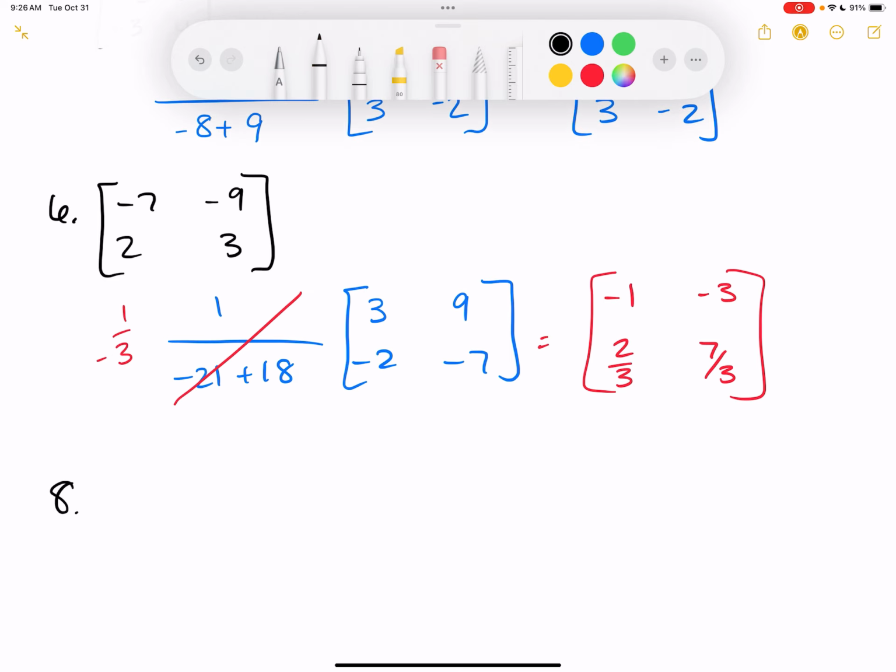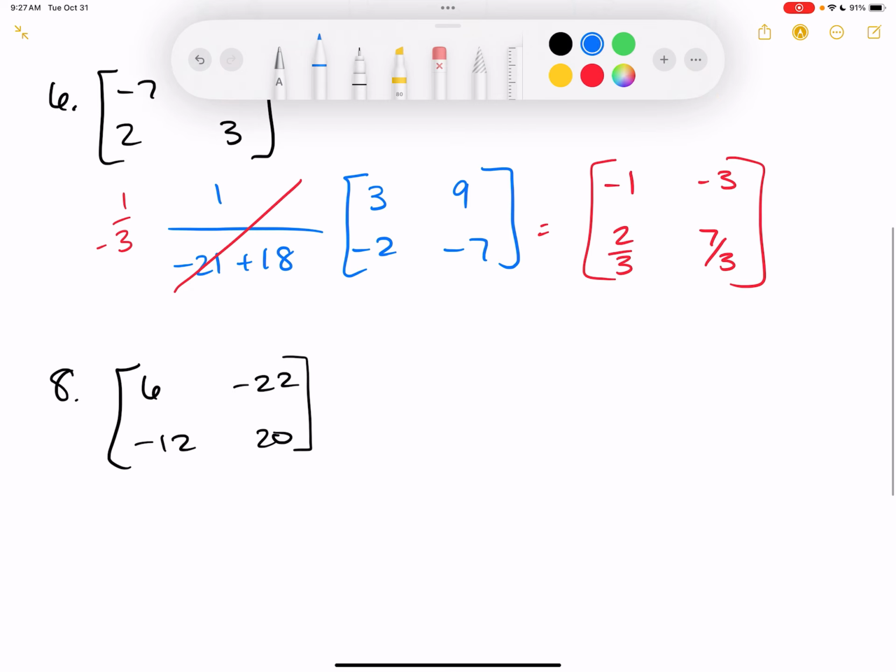Eight. So y'all are going to walk me through this one. 6, -22, -12, and 20. So what do I do first? Find your 1 over determinant. 1 over the determinant. So what would the determinant of this one be? 1 over 6 times 20 minus 22 times 12, that's minus 264.